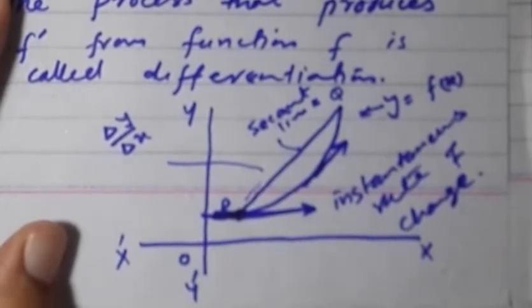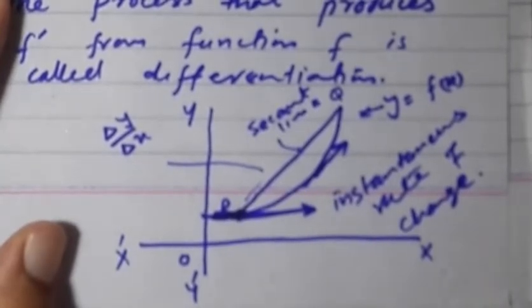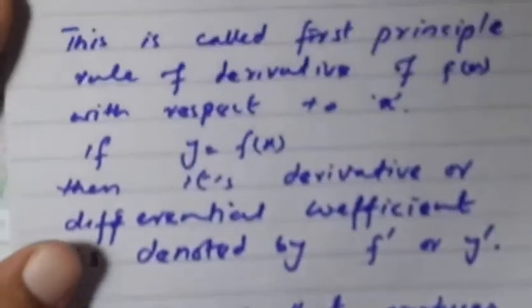The tangent line of the graph of a function y equals f of x at this point P has a slope. So this instantaneous rate of change is represented by what?